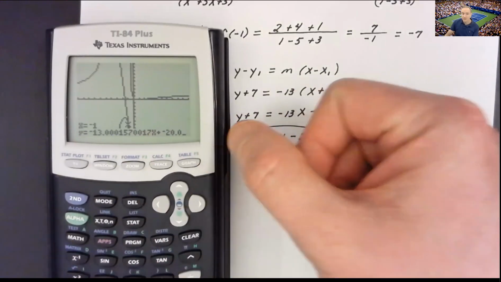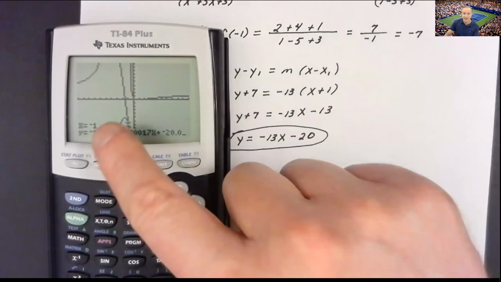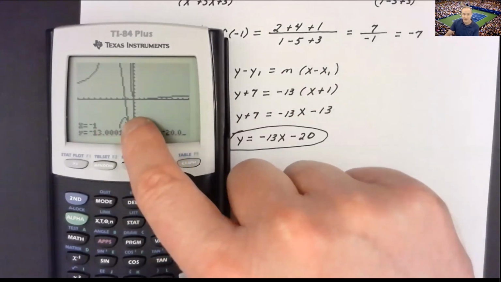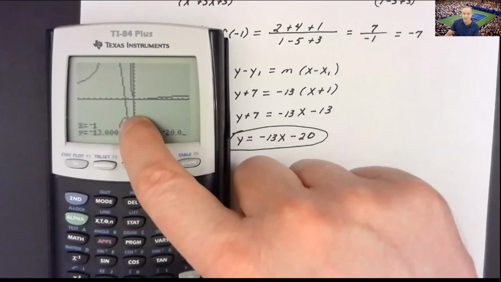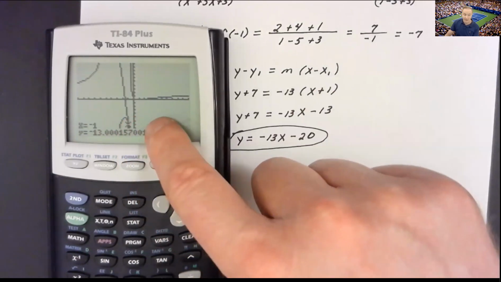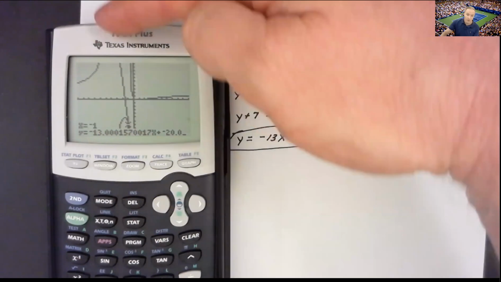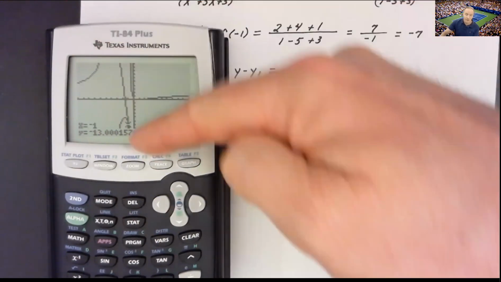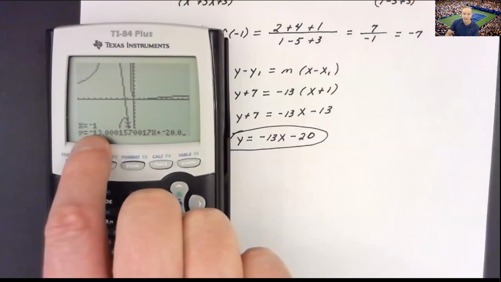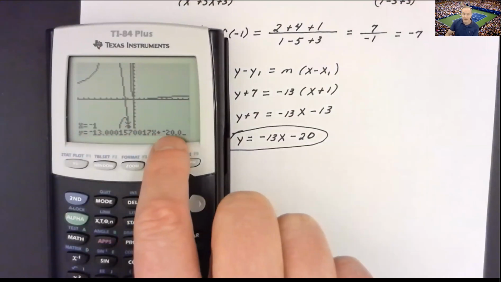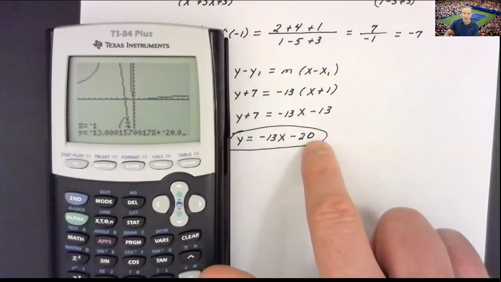The way I tell students to understand that is if you round any value to 3 decimal places, it's going to give you the correct answer. So -13, what's all that? It's having trouble calculating the slope of the curve at that instance. But it's trying to tell you it's y equals -13x minus 20, which matches what we have here.